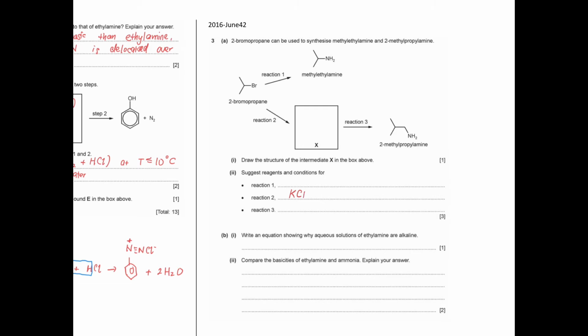Potassium cyanide, KCN, and reflux in ethanol. We need ethanol to dissolve the bromopropane. So KCN, what happens is the CN will act as a nucleophile to replace the bromine. Bromine will come out at the end. Because of that, we can easily think of the product. So it will be like this, the product.